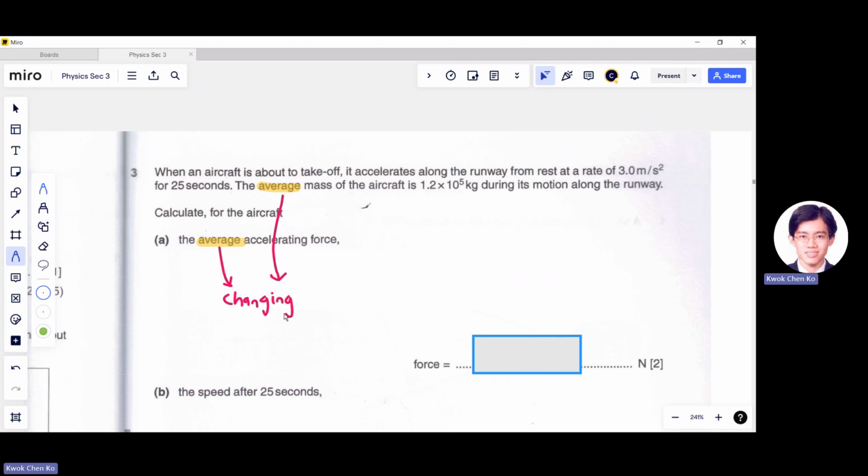But of course, in this case, it's changing with time. And I also want you to think further, if you can, why are these two factors changing with time? Why is mass changing with time? Why is accelerating force changing with time?